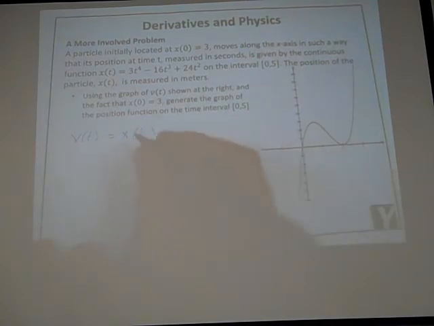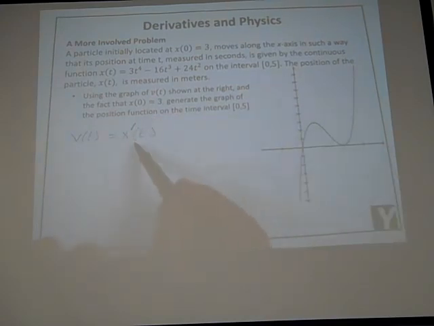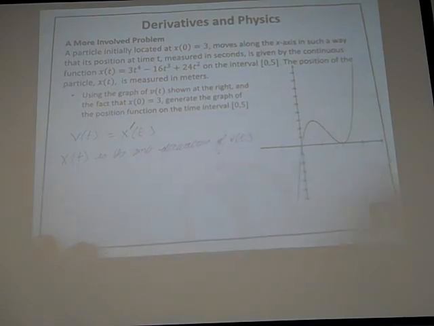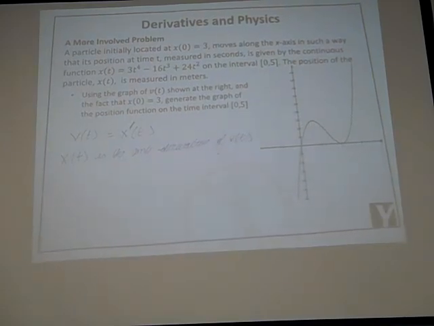How is it related? The velocity is the derivative of the position. Another way to say that is that the position is the antiderivative of your velocity function. And that's going to be a little tricky for us, but let's see what we can do.